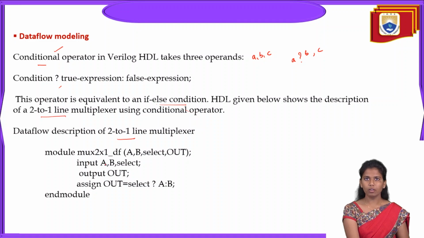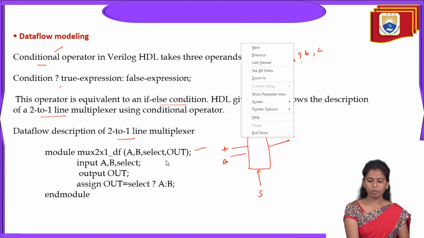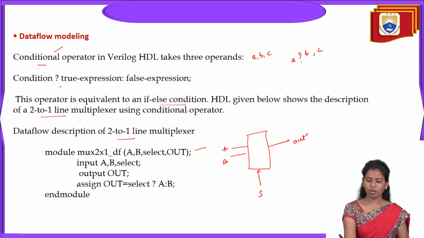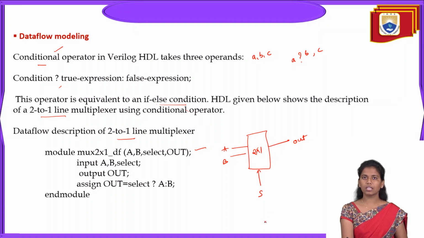In the port list we are representing our inputs and outputs. A and B are two inputs, and here is a selection line, and the output we are representing with out. This is a 2-by-1 mux, and based on the selection line we can know which output is enabled or disabled.